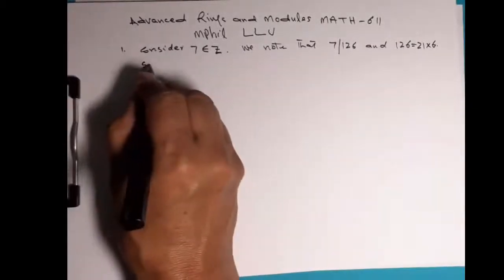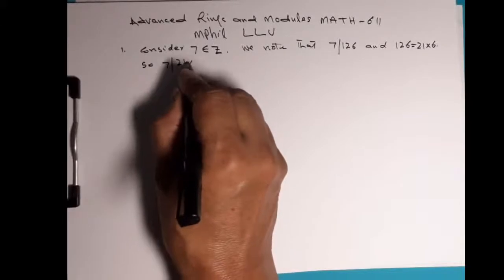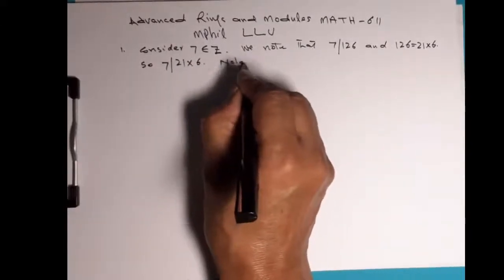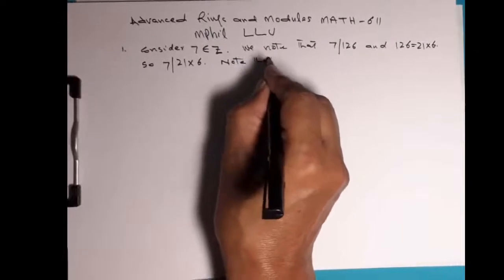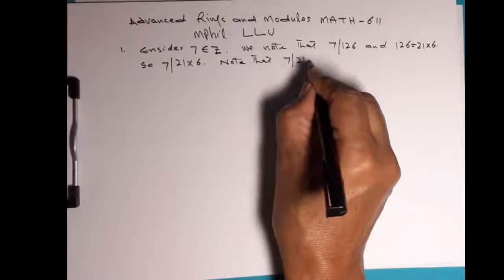So 7 divides 21 multiplied by 6. Note that 7 divides 21.